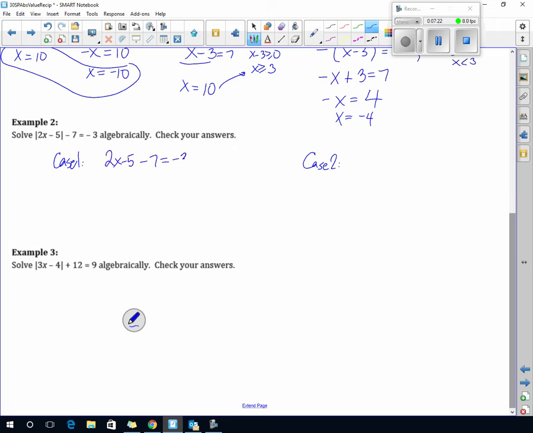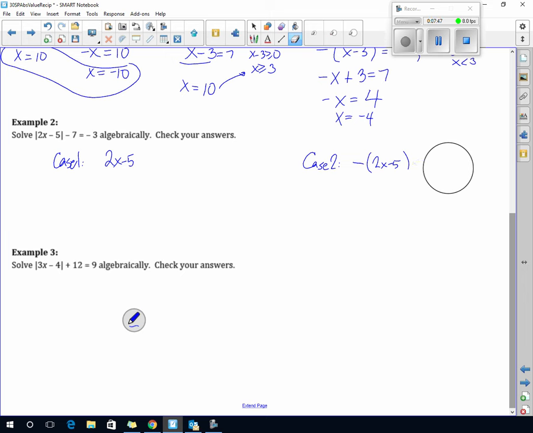Actually, I was supposed to get the absolute value by itself first. So maybe I should actually do what my steps say and do that first, just because I know it's going to get more complicated than that. I know you're all going to complain here. Move this 7 over. Then you get absolute value of 2x minus 5 equals what? 4.